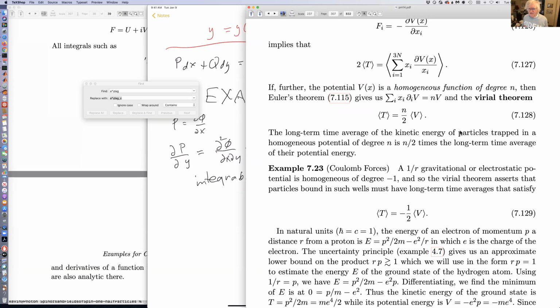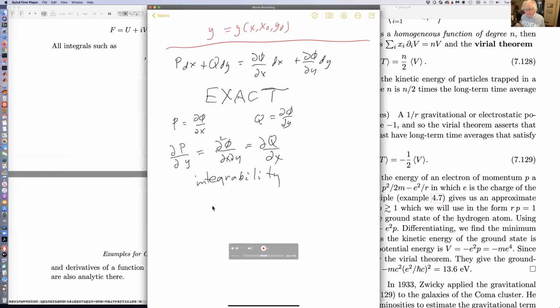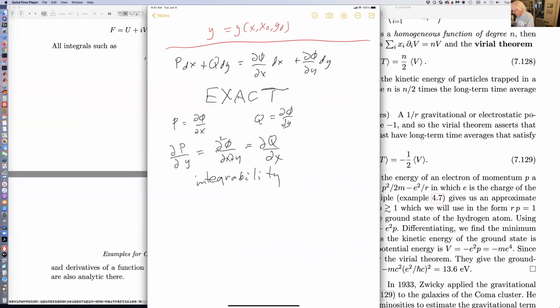Let's do a couple of examples. Suppose we have a gravitational or electrostatic potential that's homogeneous of degree -1. And maybe here I should take advantage of the iPad. So let me say what we've got here.